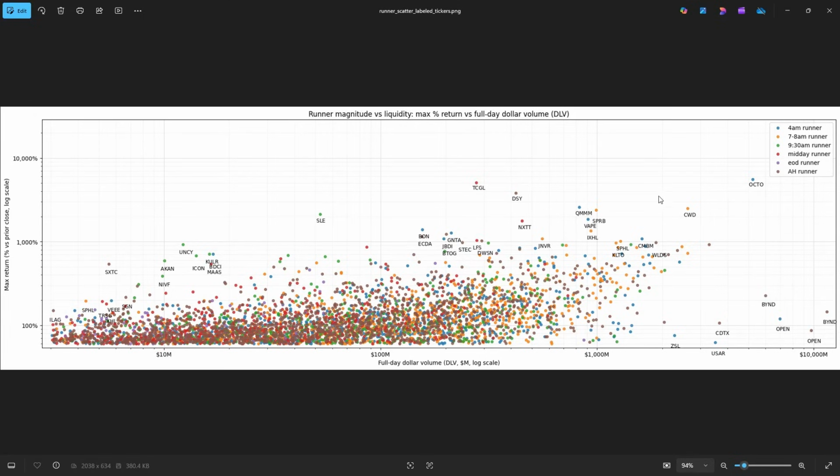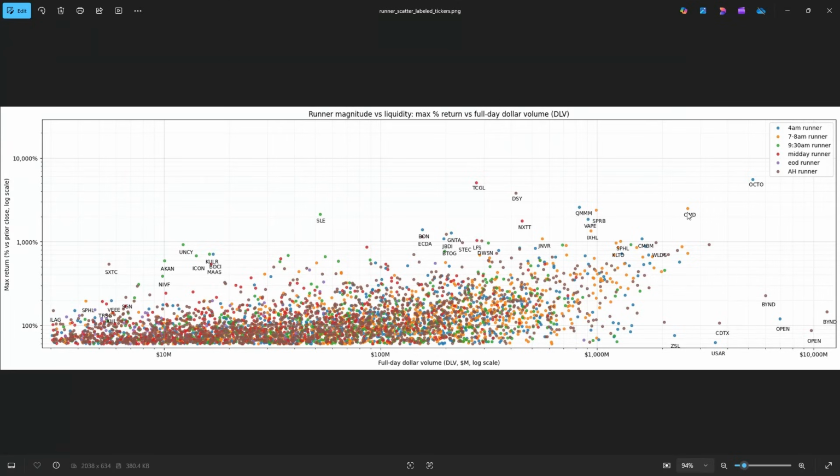And over here, we have guys that both did a lot of dollar volume, right? In the hundreds of millions, in the billion, or even in the several billions, but they ran like crazy. They ran 1,000%, 2,000%. And that's going to be OCTO, which is now ORBS, which was one of the biggest black swans of 2025. It was a crypto treasury play when crypto treasury plays were at their hottest.